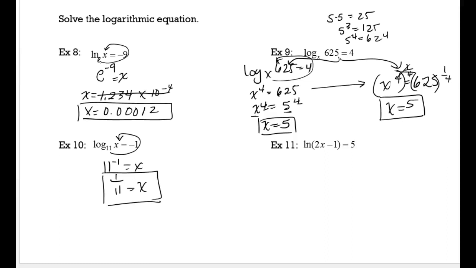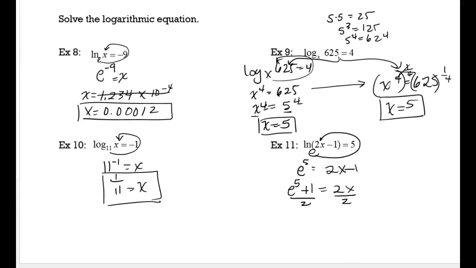On 11, to get the logarithm solved, I need to get rid of the logarithm. The way to get rid of the logarithm is to swirl it using the correct base. If it's a natural log, the base is e, so I swirl it. So I say e to the 5th is equal to 2x minus 1. All right, so then I just solve algebraically. I say e to the 5th plus 1 is equal to 2x, then divide both sides by 2.